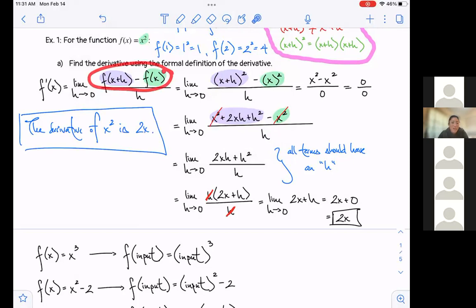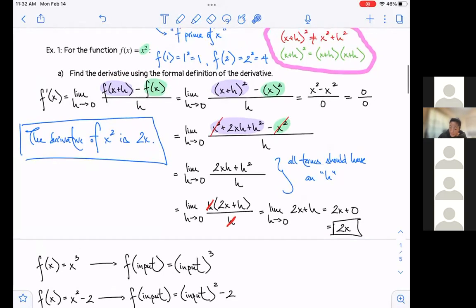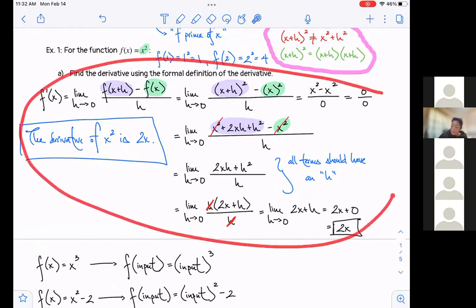We try to find the slope that describes that tangent line. Turns out 2x will help us describe that slope. We'll get more into the idea of what's a derivative, but the biggest takeaway from this second part of class is a lot of this algebra stuff, okay?